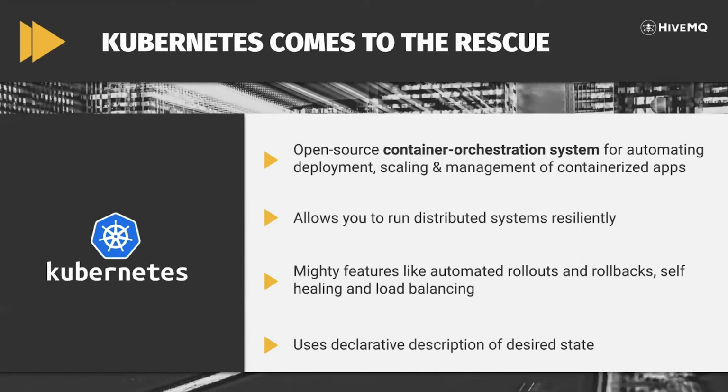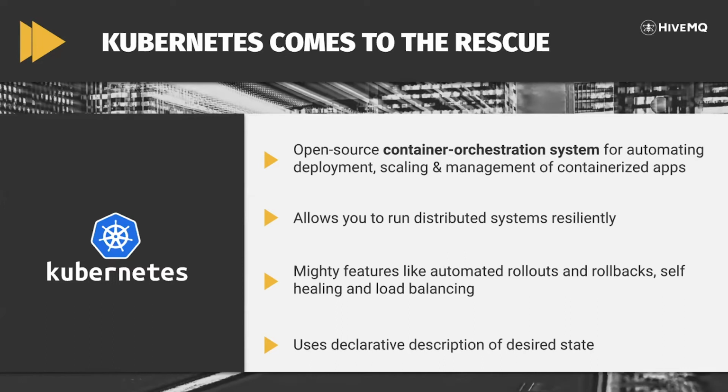Kubernetes has a mighty feature set, like automated rollouts and also rollbacks if something happens, and features like self-healing and load balancing. So it really helps you in being as fast as possible and as secure as possible.